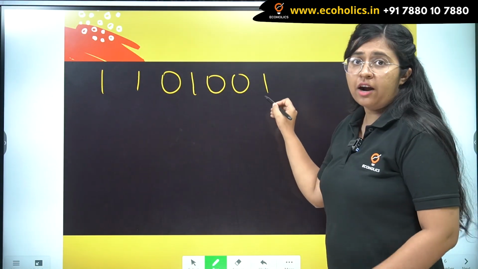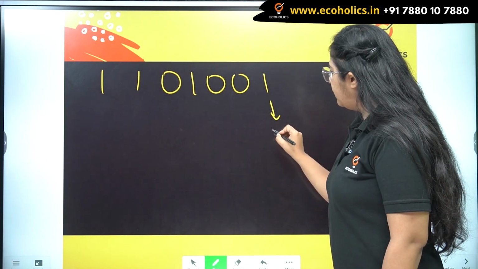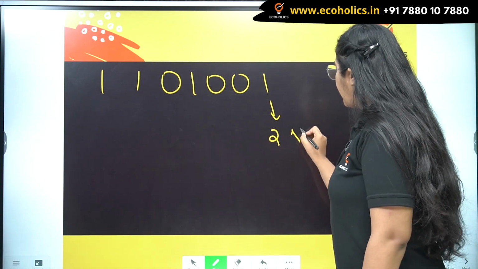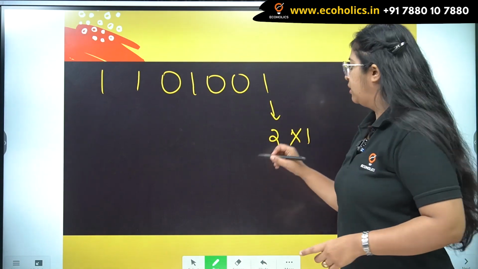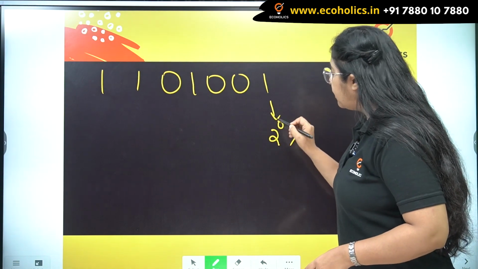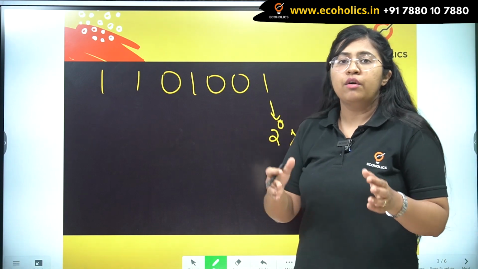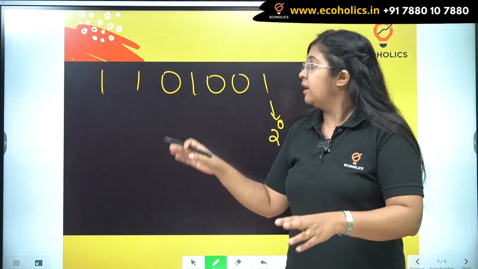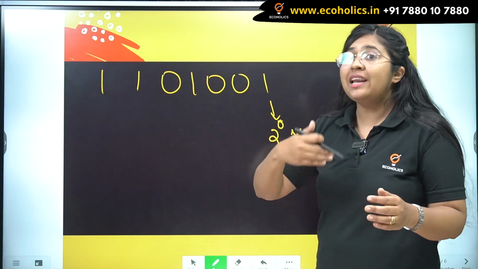We have to start from the right and multiply each of these digits with 2. So 2 multiplied by 1, but 2 will be raised to the power of 0. We will start raising the power from 0 onwards, so we will raise the power of 2 from 0 to 1 to 2 to 3 and likewise till the binary digits exist, and we'll keep on adding up.